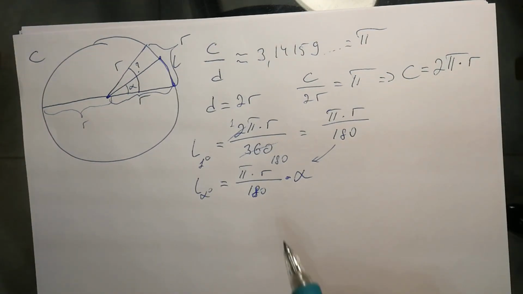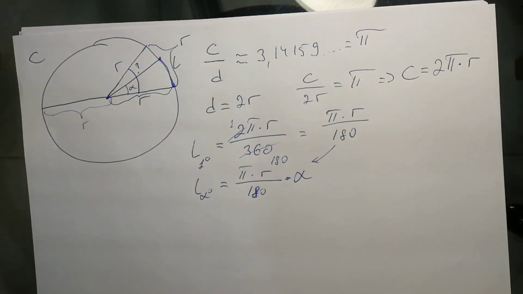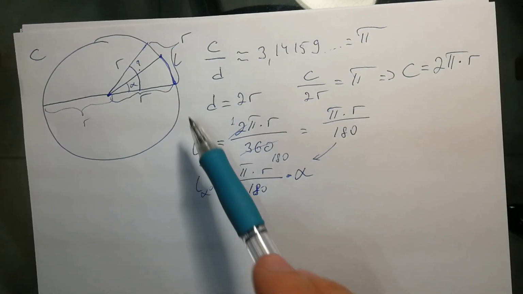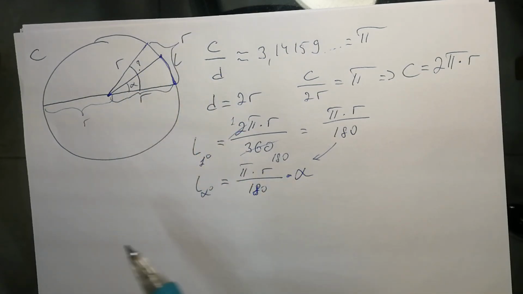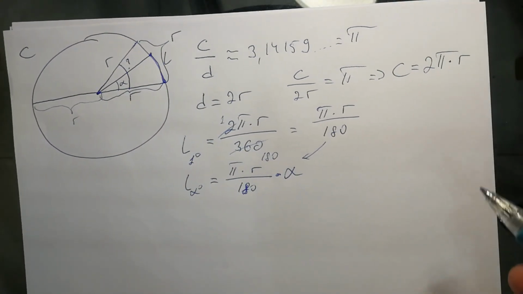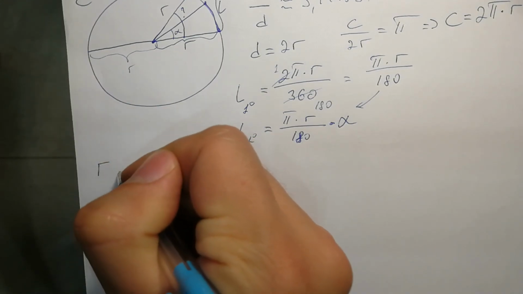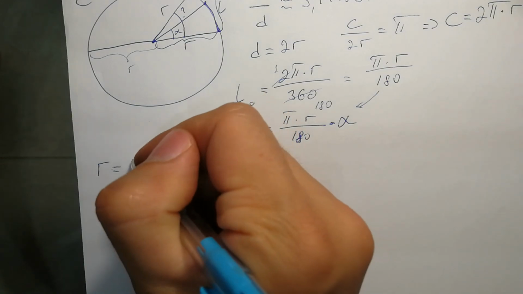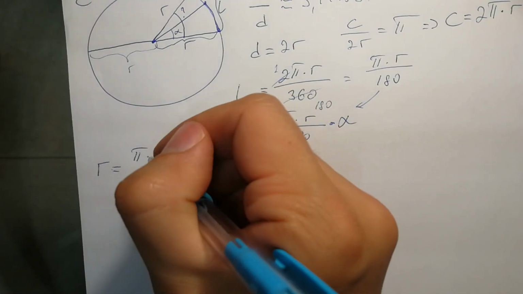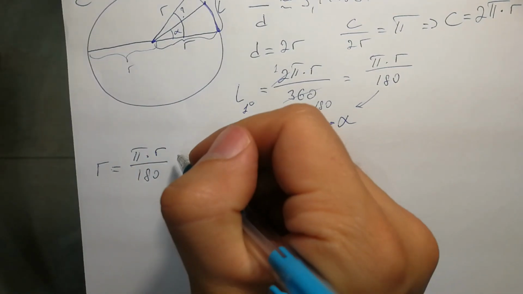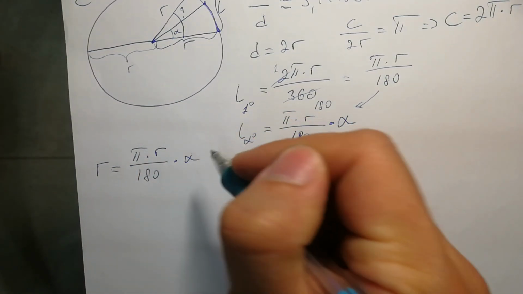Let's calculate. We should put here the length of our radius, because they will be the same, and calculate the angle alpha. Let's do it. We can rewrite it as: radius equals pi multiplied by radius divided by 180 multiplied by alpha.